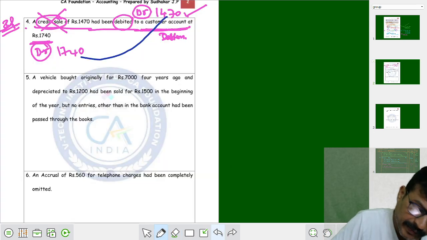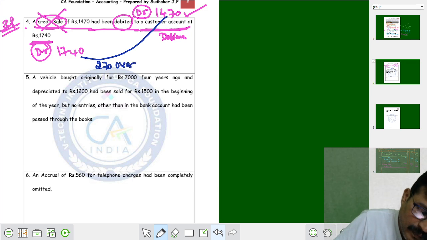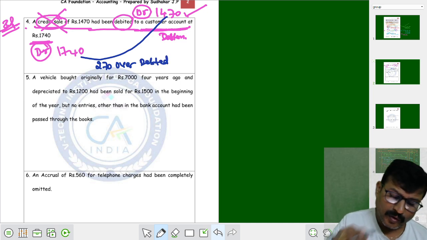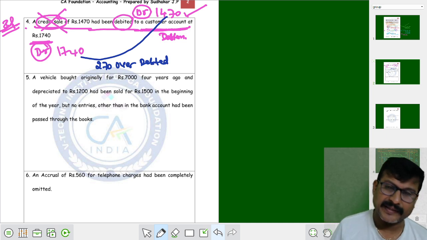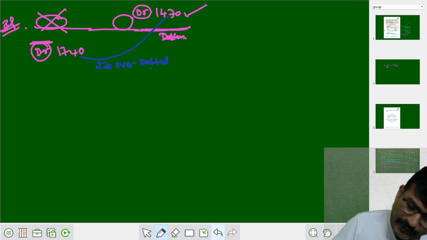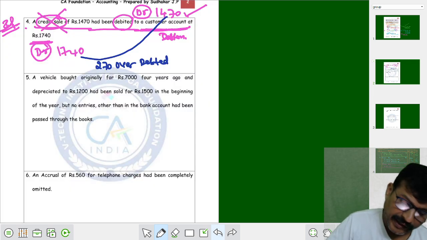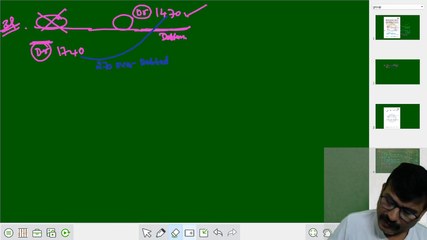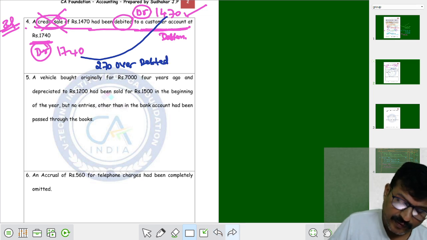270, what have you done? Over debited. When you have over debited, take it on the opposite side. Opposite side means where we have to take?